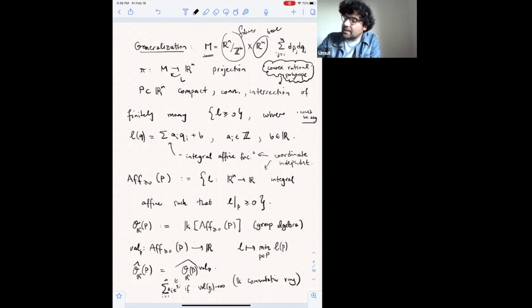So it has a Lagrangian torus fibration over Rn, and the fibers are Lagrangian tori. Explicitly it's just Rn modulo Zn cross Rn with this standard form, sum of dp_i wedge dq_i, and these are again the p coordinates, and these are the q coordinates. Okay, so the R mod Z and R's are matched.